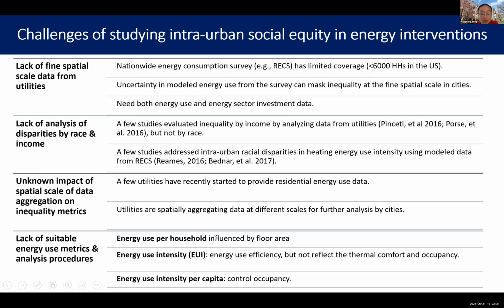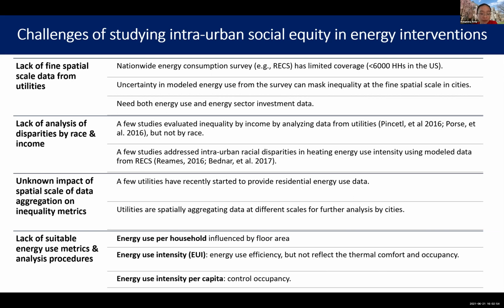And then energy use intensity by floor area is sometimes used as a gross metric for energy use efficiency, but it couldn't tell you whether poor homes sacrifice thermal comfort, or whether certain social demographic groups have larger household sizes.